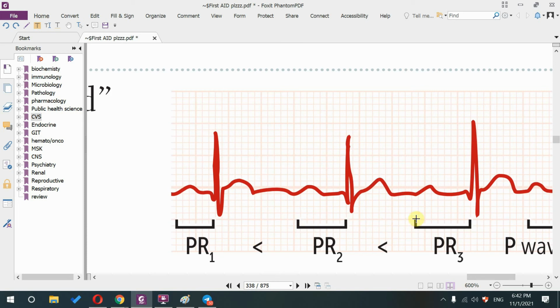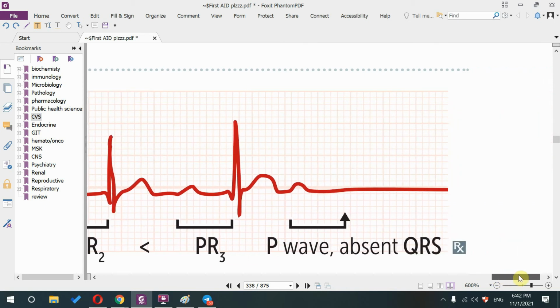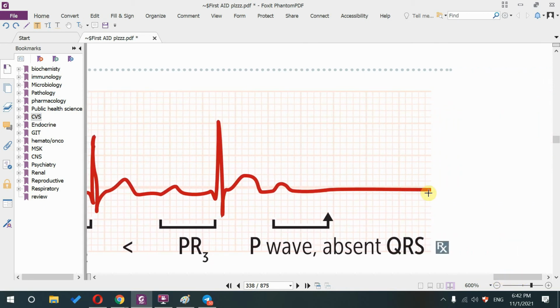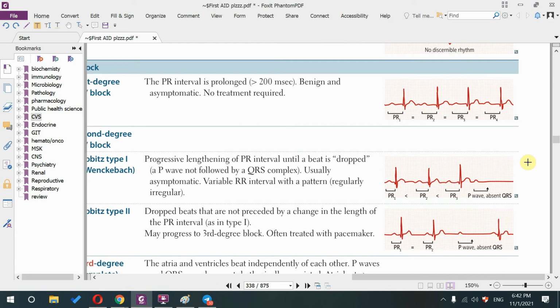Then it becomes 9, and then there is a drop. Then this exact same pattern repeats. So lengthening, lengthening, lengthening, drop. If after 3 lengthenings you have a drop, it will always be like this: 3 lengthenings and 1 drop.